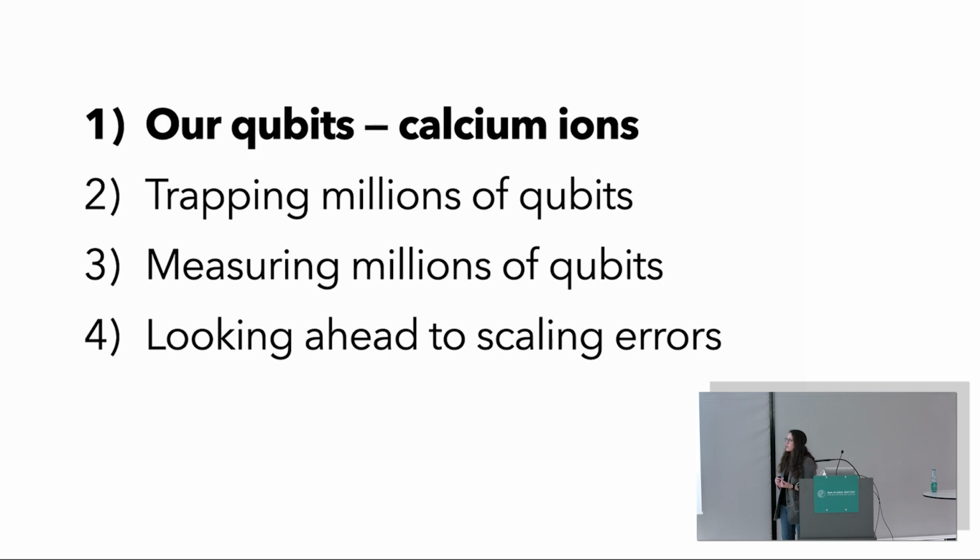Then I'll talk about our work on understanding the specifications that we will need to trap millions of qubits and be able to run gates at the speed that we need to. Then I'll talk about how we can measure those millions of qubits. And then finally, I'll talk a little bit about two errors that aren't really considered now, but will become more and more prevalent as we scale up our systems.